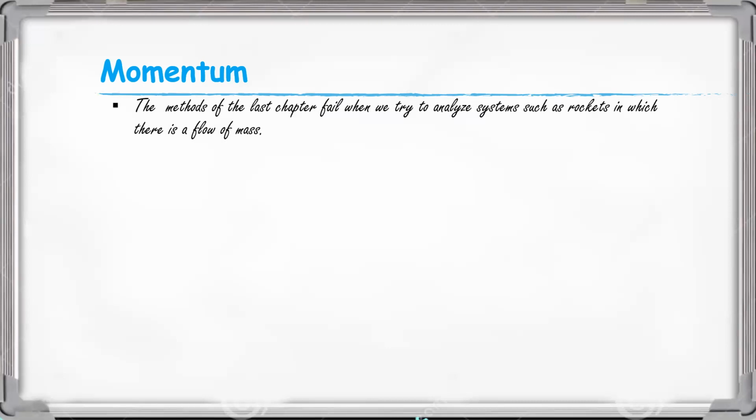We have used force is equal to mass into acceleration. It fails when the mass is varying.